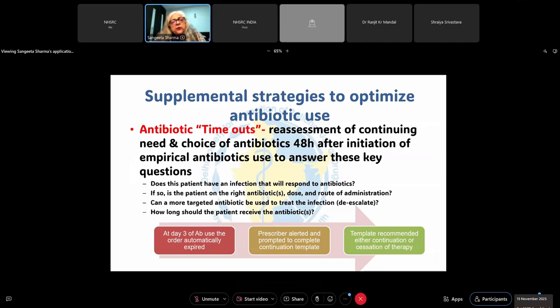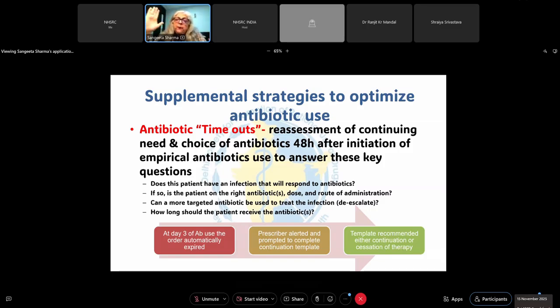Another very effective way of reducing antibiotic use is timeout. As I told you, the pre-authorization is for 48 to 72 hours to use the broad spectrum antibiotic. In private hospitals, they do this and they do it very effectively.